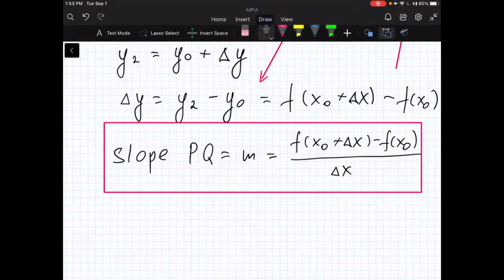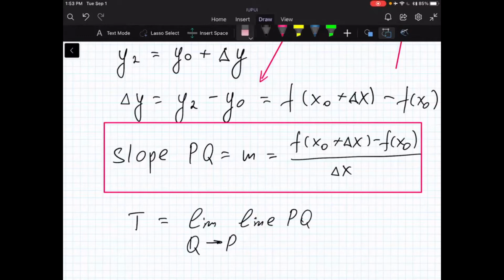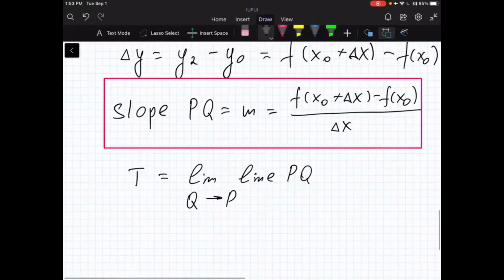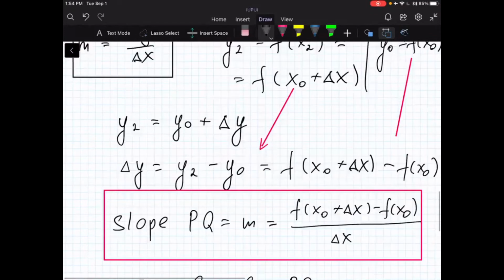Again, it's better to start with t. t is the limit of the line PQ when Q approaches P. But what are the coordinates of Q?